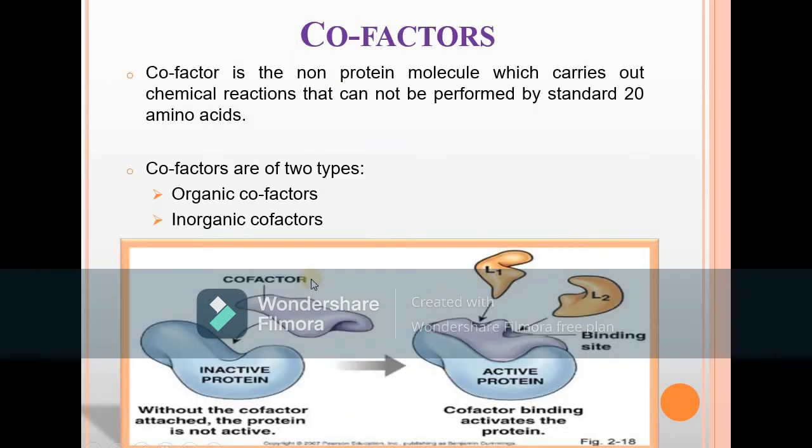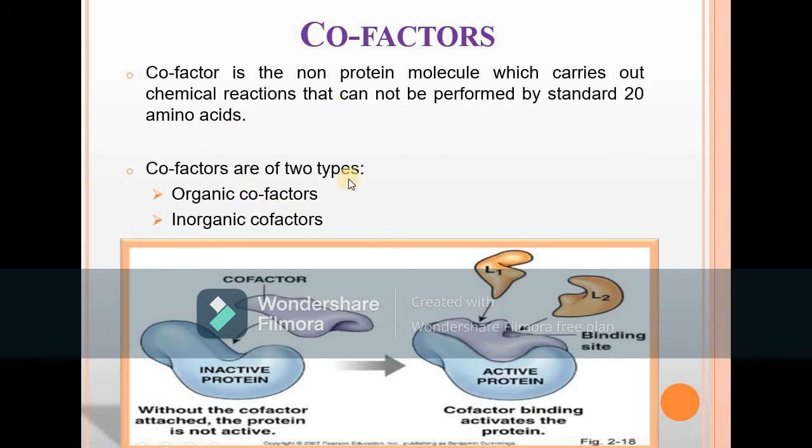Here is the figure as well. You can see this is the inactive protein, this is the active protein, and this is the active part of the protein. Here the binding proteins are attached, and there is the binding site where the enzymes get attached. A cofactor is a non-protein molecule that carries out chemical reactions that cannot be performed by the standard 20 amino acids.